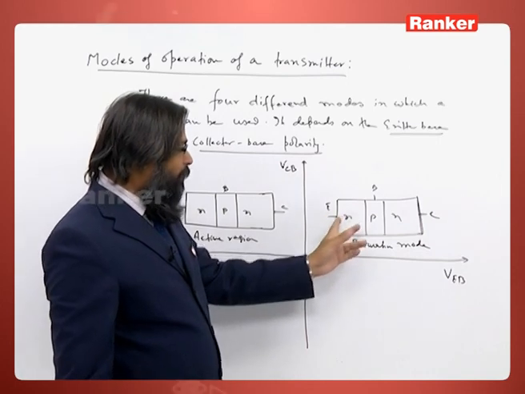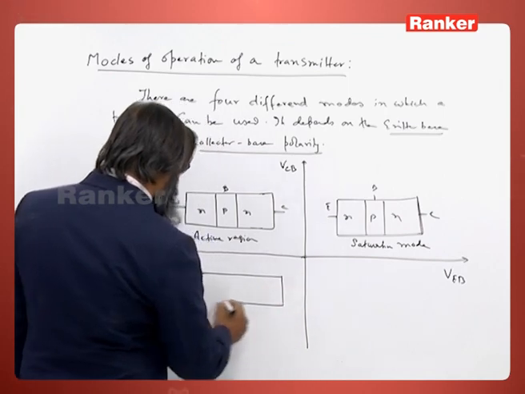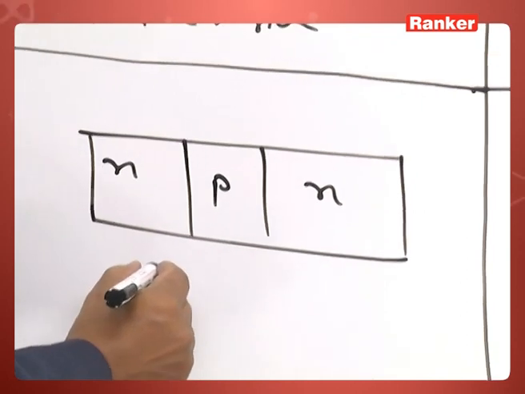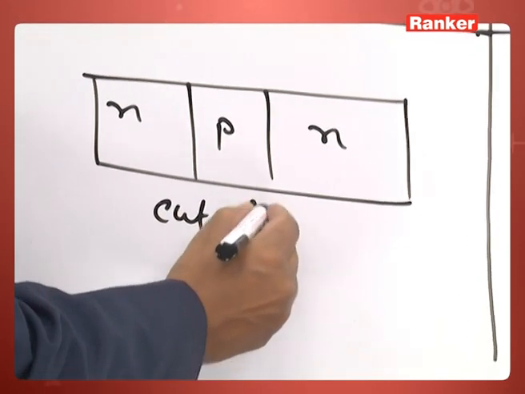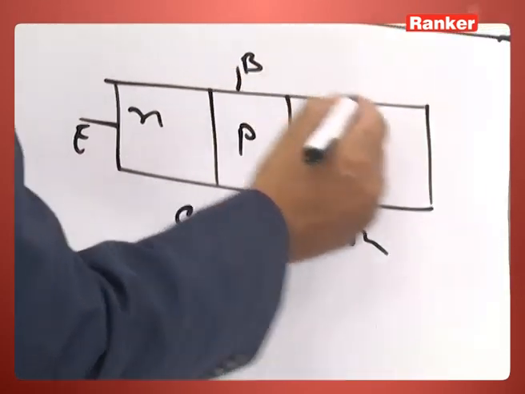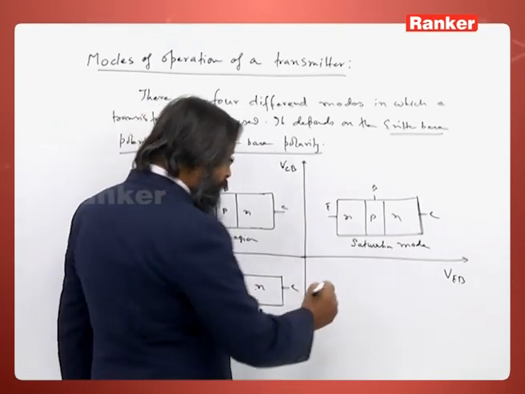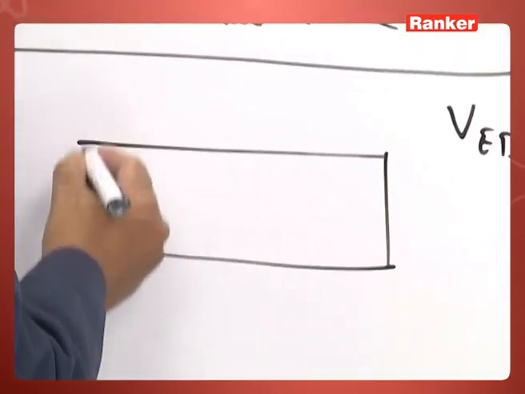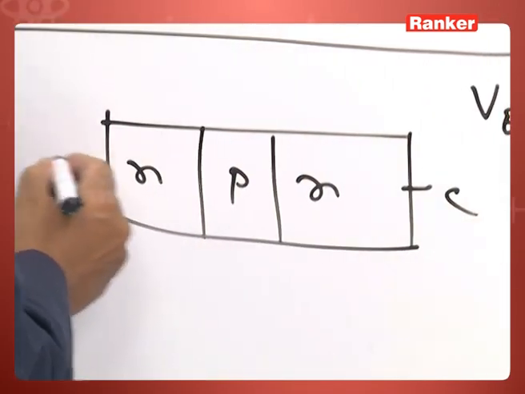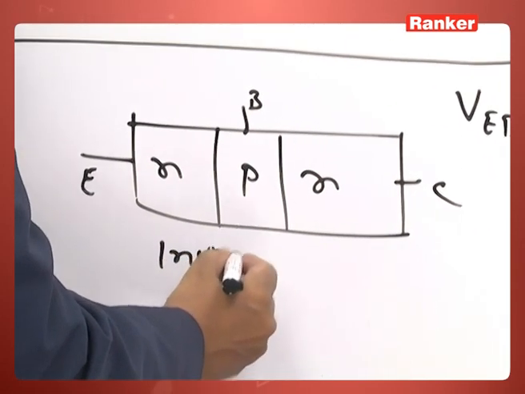So, here saturation means both are forward biased and here this is N, P and N. This is cutoff region. So, this is your emitter, this is your base and this is your collector. Both these junctions are reverse biased. And here again we have NPN transistor with this as collector, this as emitter and this is base. This is inverted region.